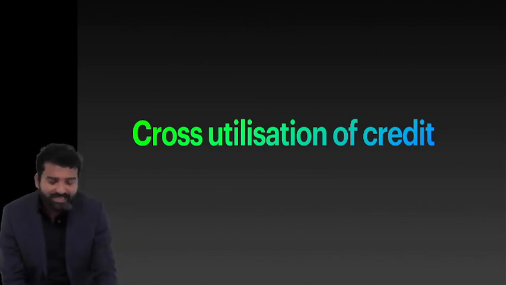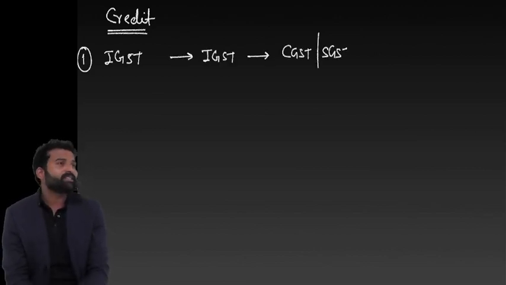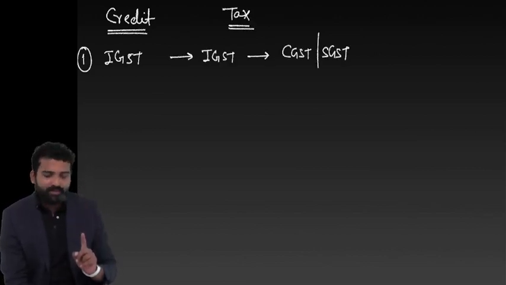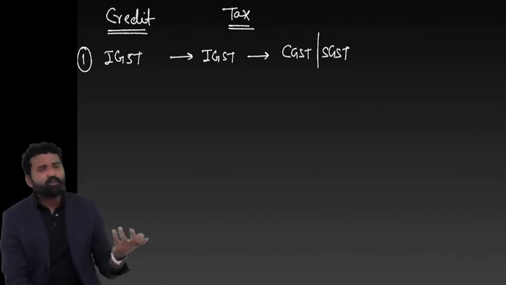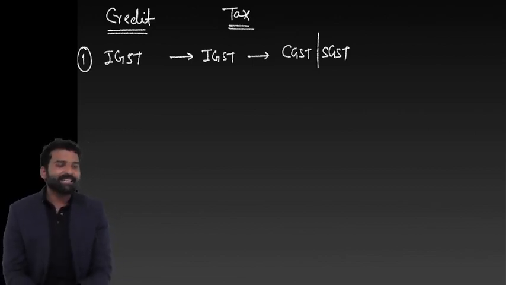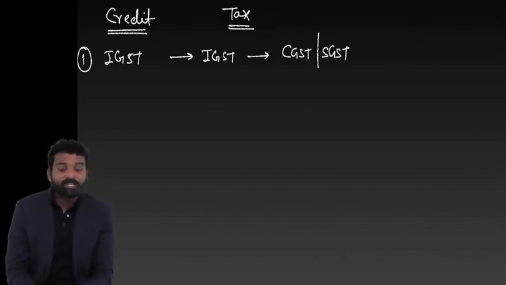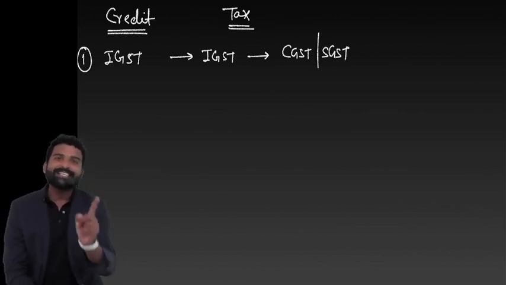Listen very carefully. I have a credit of IGST. What I can do is pay IGST tax with this credit. Of course, if I have a credit of IGST, I can easily pay IGST tax, but IGST credit can also be used to pay CGST and SGST.